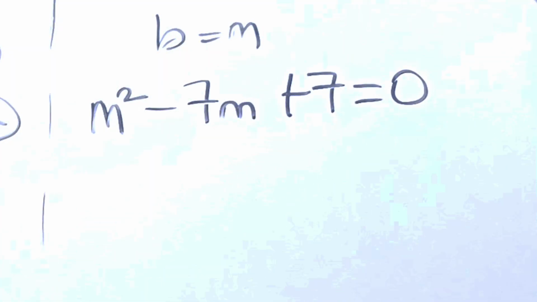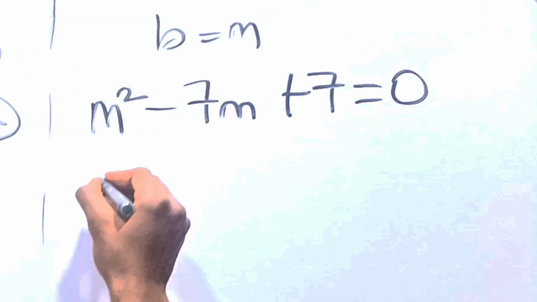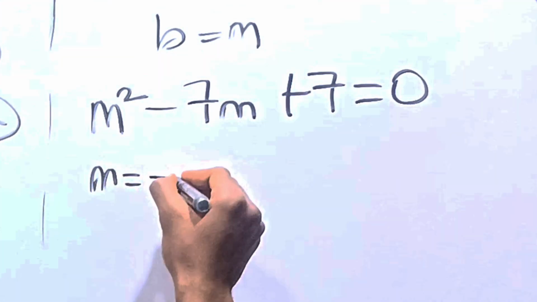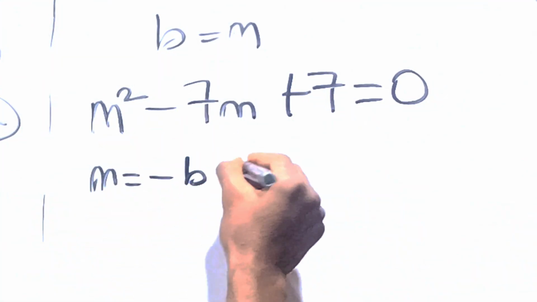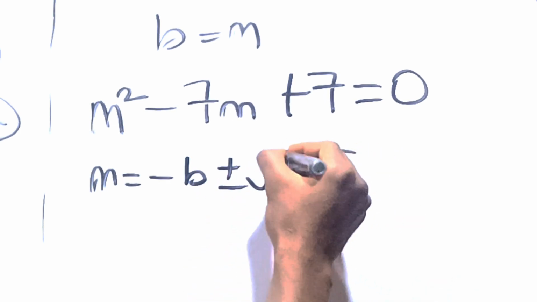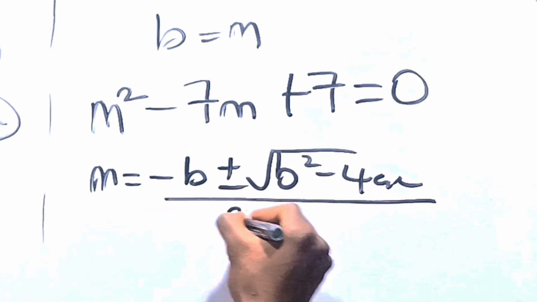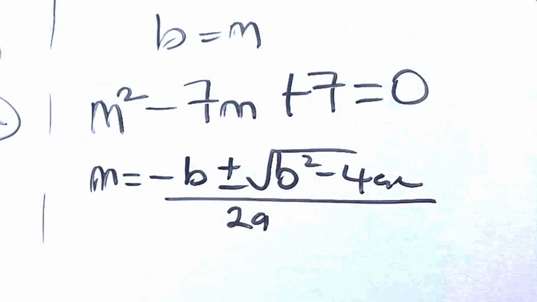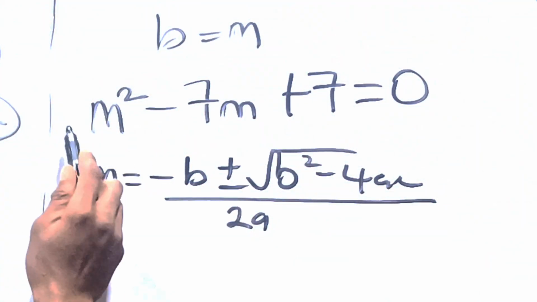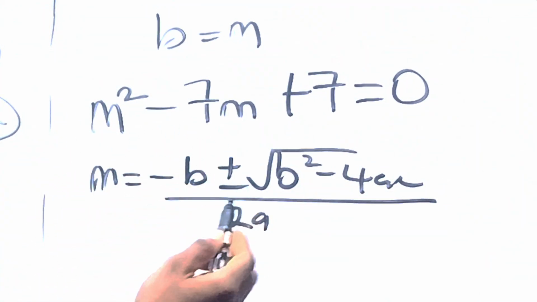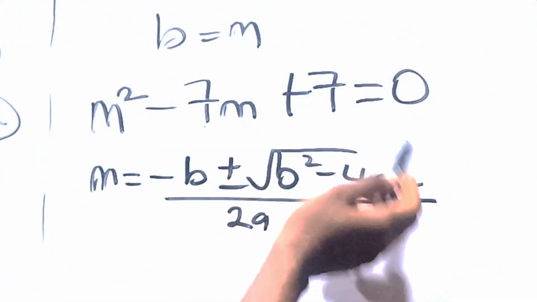Now using the quadratic formula, m is equal to minus b plus or minus the square root of b squared minus 4ac, all over 2a. Here a is the coefficient of the first term, b is the coefficient of the second term, and c is the coefficient of the last term.